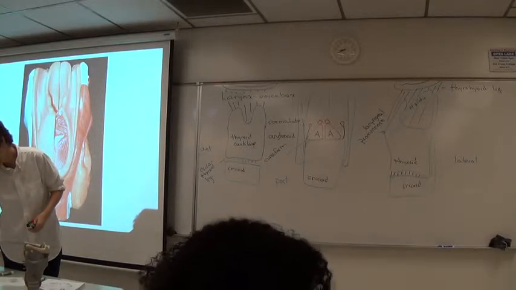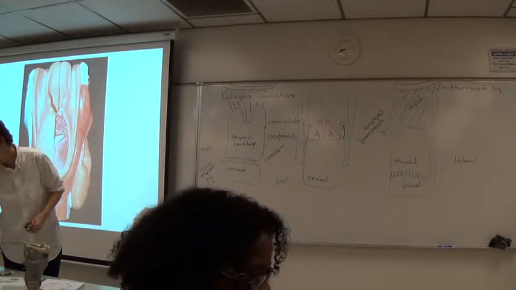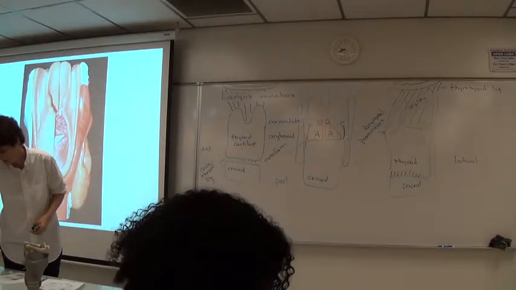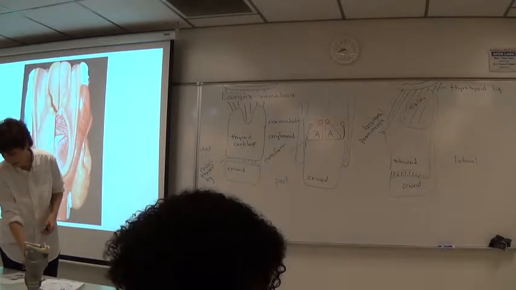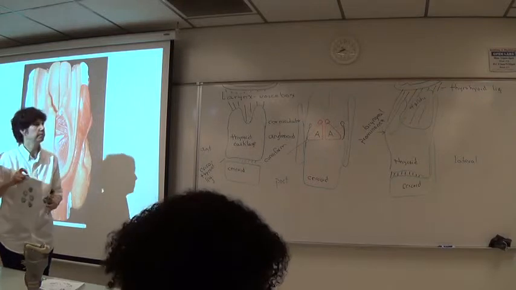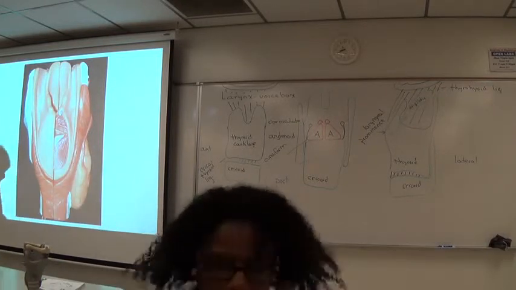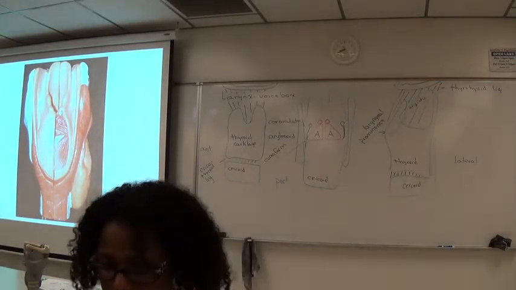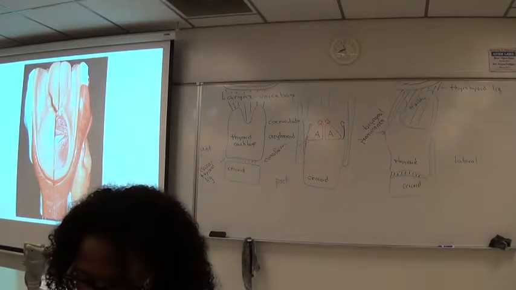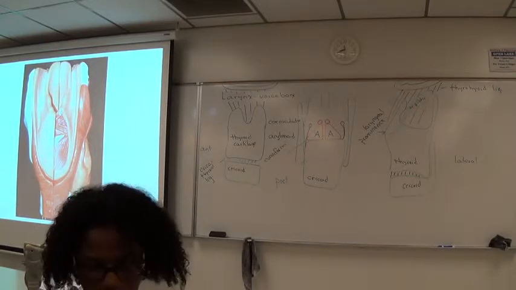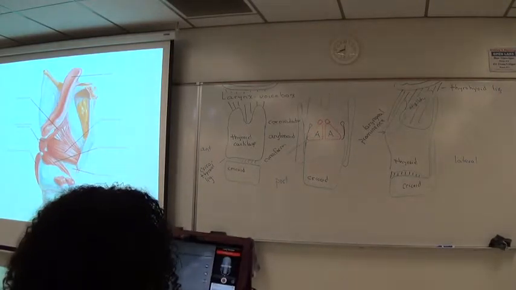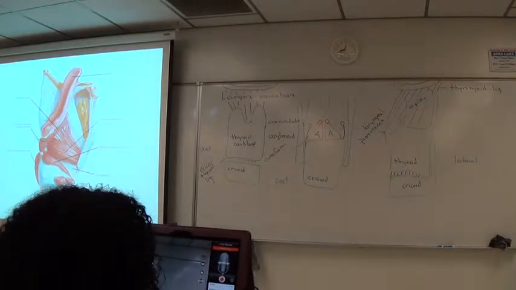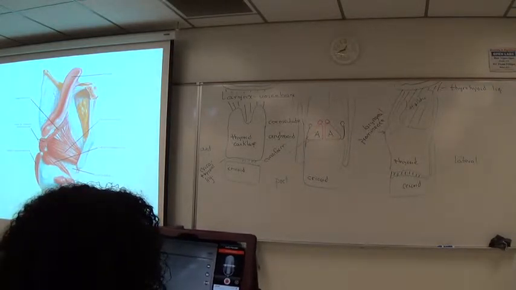All right, on pages 18 and 19 are some muscles. These are all skeletal muscles, and they're all innervated by the vagus.